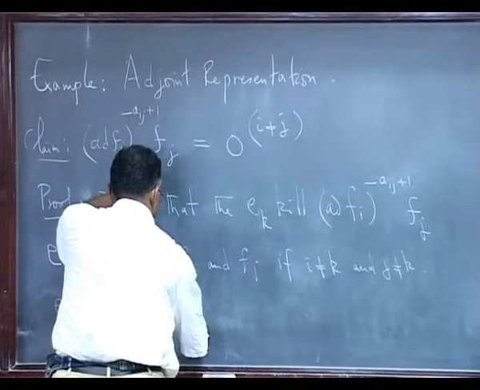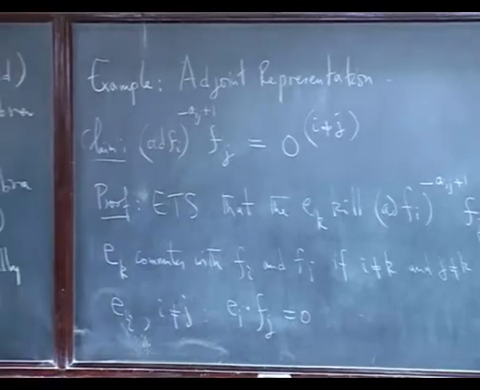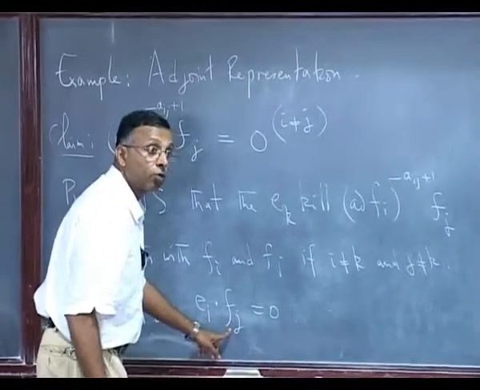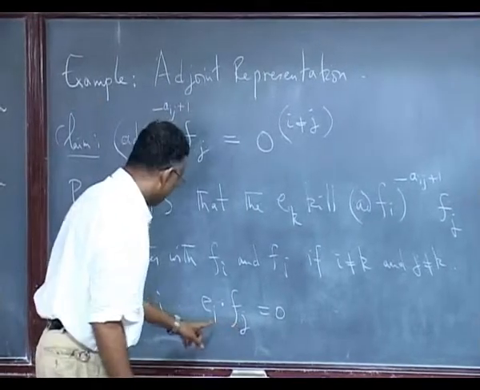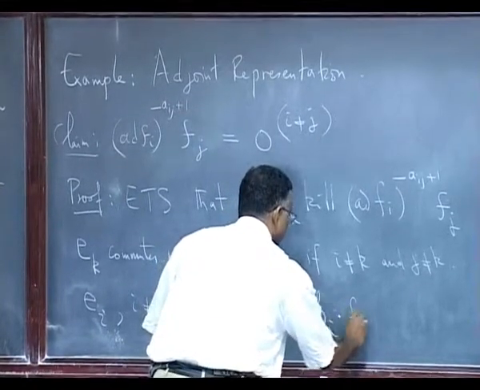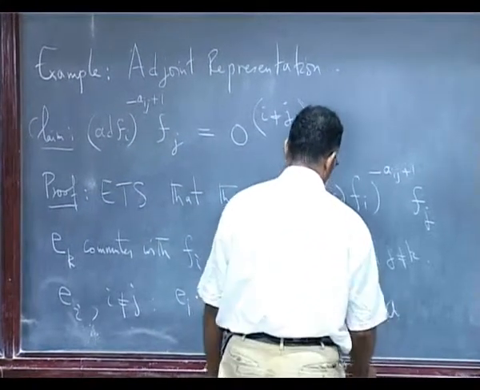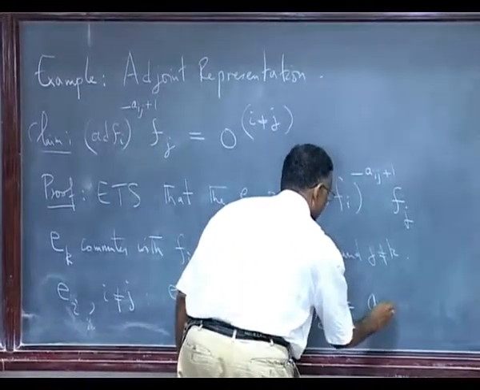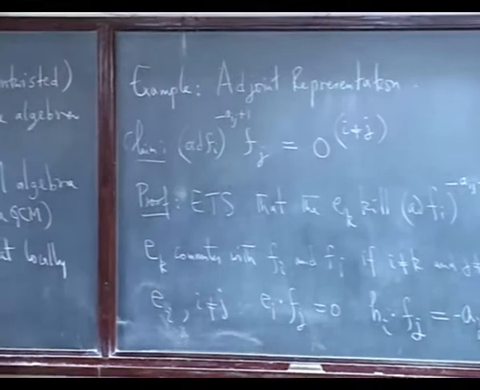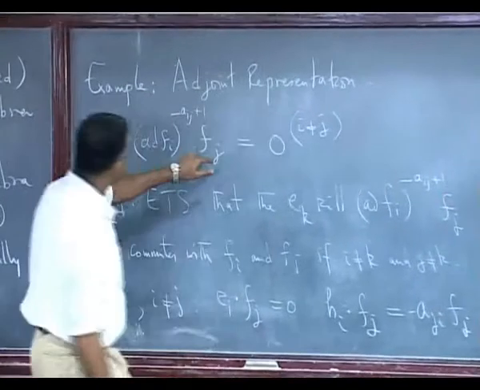So right, and this is a weight vector. Now you apply SL2 theory. Hi on Fj is Aji, yeah. Is that correct? So by applying that SL2 theory, what do I get?